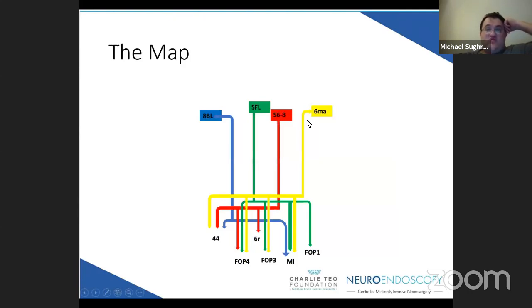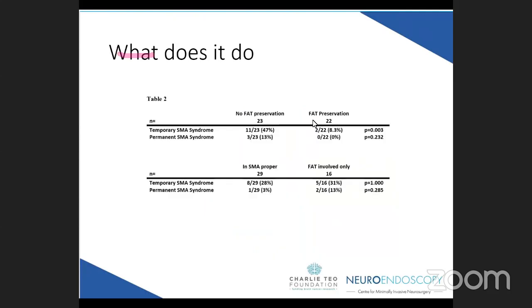You have here the motor part, S6-8, the motor part of the supplementary motor area. So it came to our idea that, given the supplementary motor area was motor and usually a mutism problem, this probably had something to do with it. So we began looking at this and saying, okay, let's not cut that.